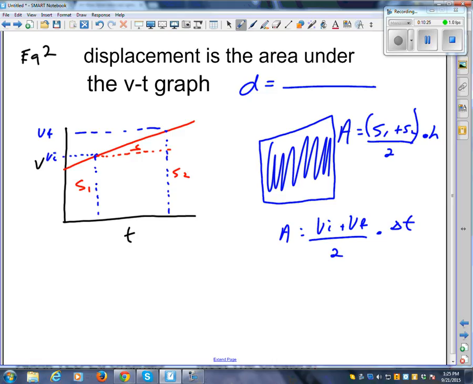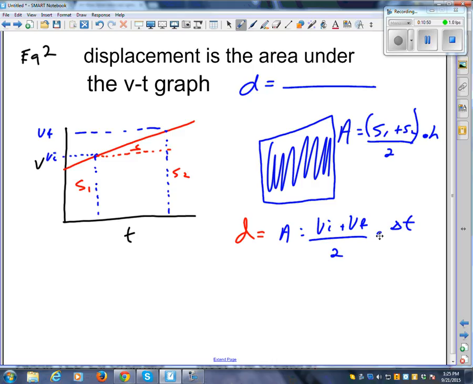So what I've done is, my area is really the displacement. I'll go back to the start and I'll summarize. D, the displacement, is equal to the area, which is side 1 plus side 2 over 2 times the height. Side 1 plus side 2 is VI plus VF, divided by 2.